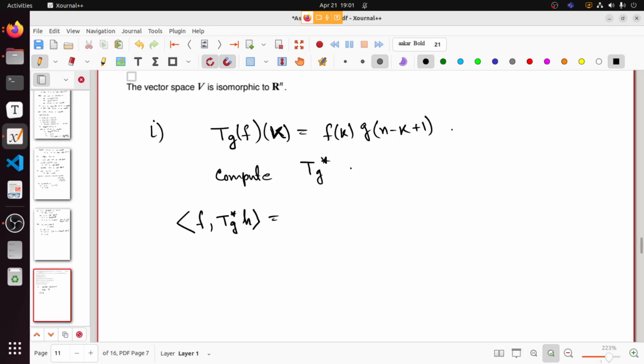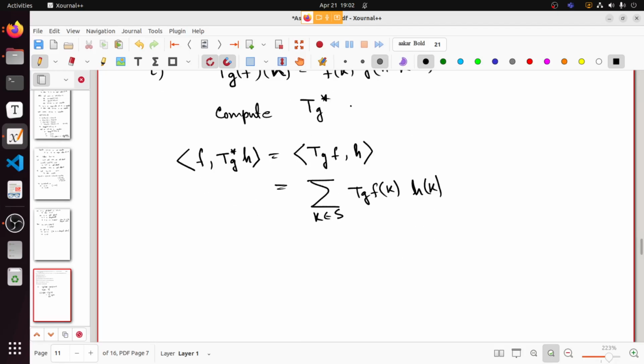So then it will be the inner product of Tg f with h, which is how this inner product is defined: the summation over k belonging to S of Tg f(k) times h(k). Now use the definition of Tg f(k).